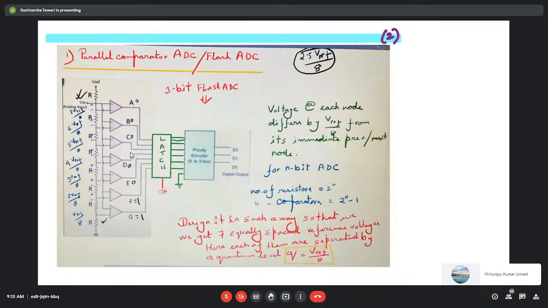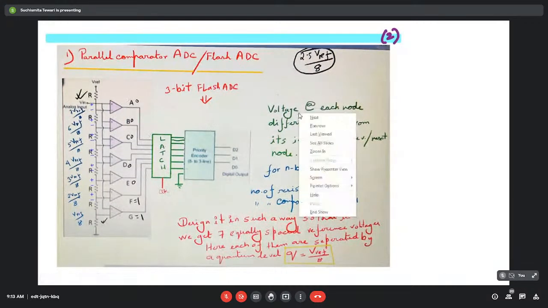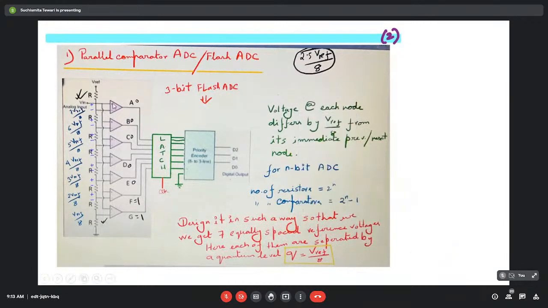Here it is working as a comparator. That is, it will compare the voltages at its non-inverting terminal and its inverting terminal.